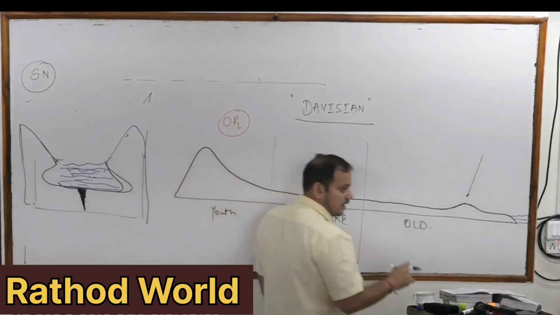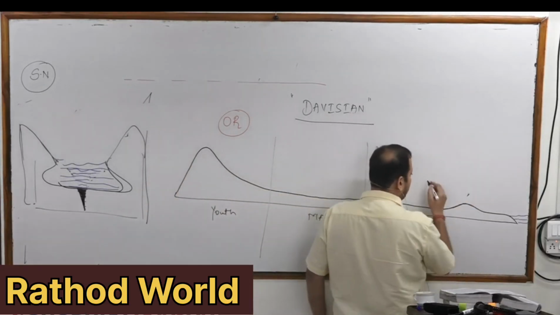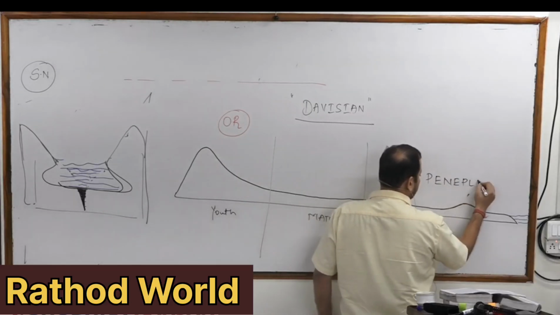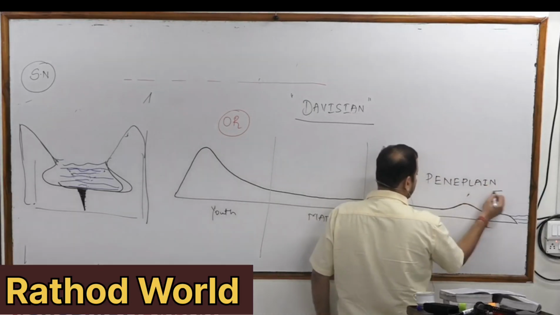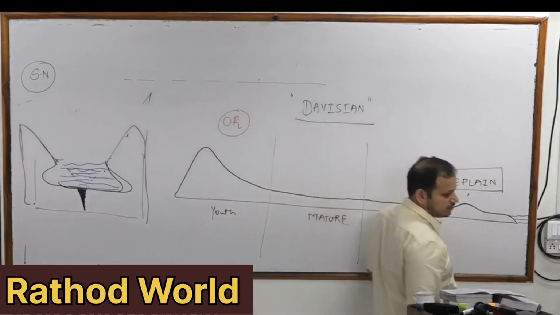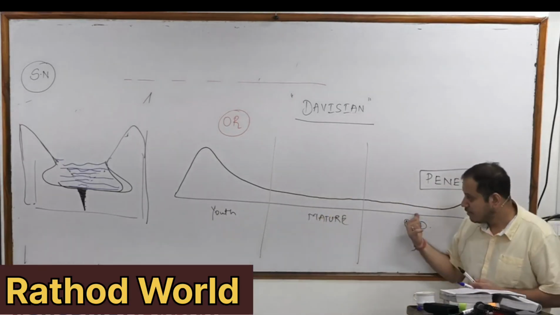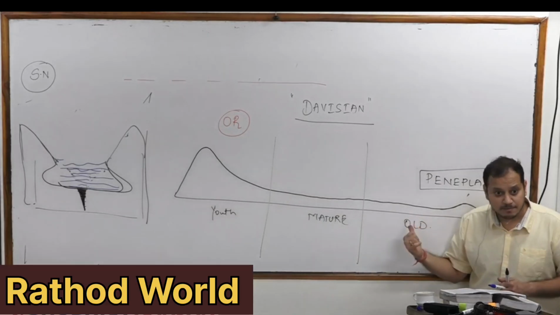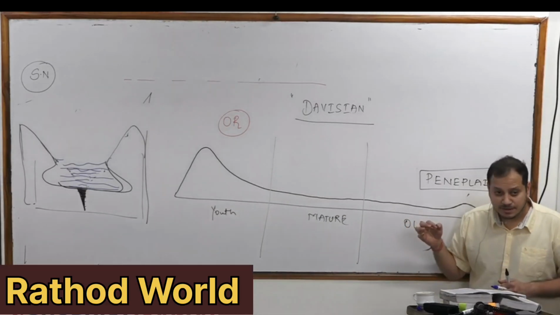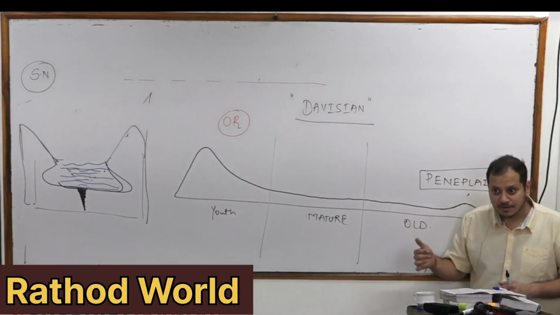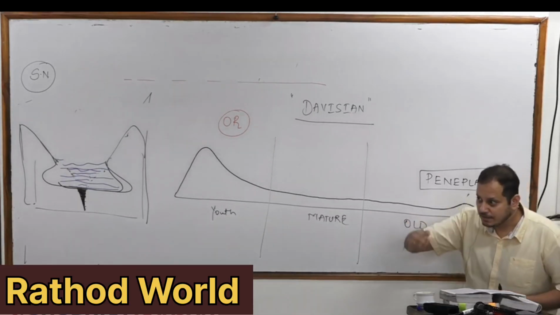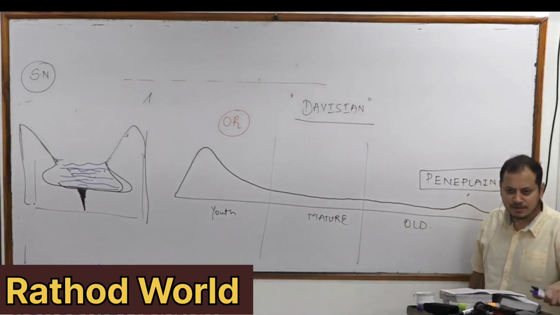And this entire landform is known, in Davis, as peneplain. This flat landform which has been formed was called by Davis as peneplain. If you have read NCERTs for prelims, NCERT has mentioned this word, peneplain. Fine. So what is a peneplain? A flat landform having rounded hills, small hills.